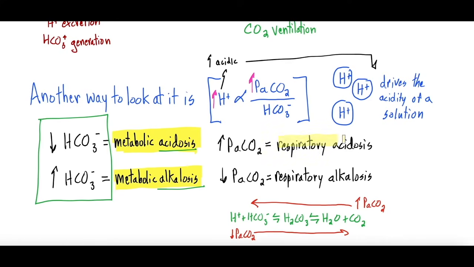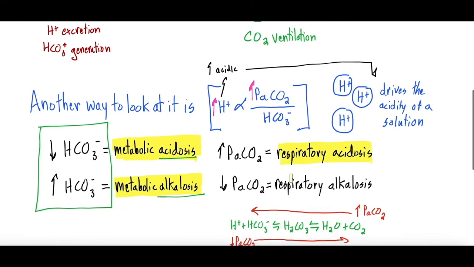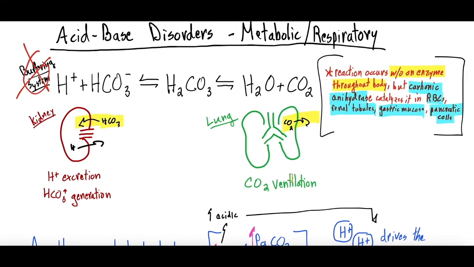Because CO2 is the lungs, it's respiratory, so you're going to have a respiratory acidosis. And if we go up to this equation here, we can understand that based on this buffering equation. CO2 goes higher, drives the equation this way, meaning there's going to be more hydrogen ions, and you're going to have an acidotic solution.